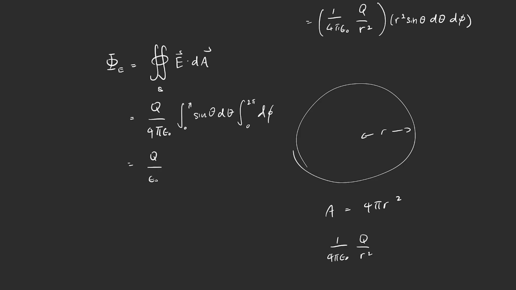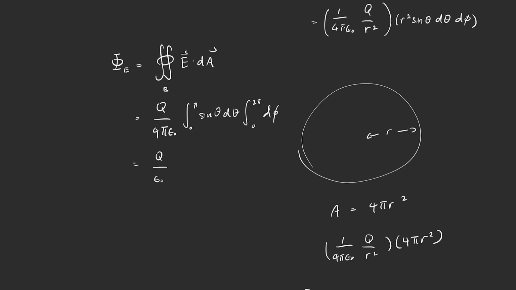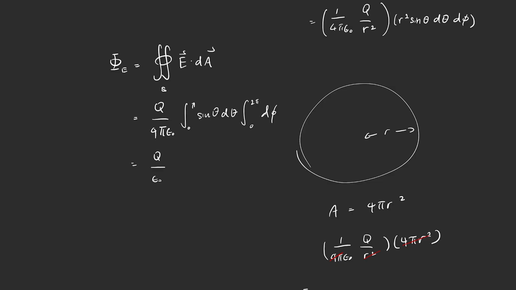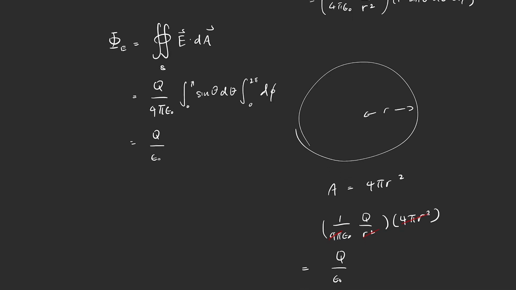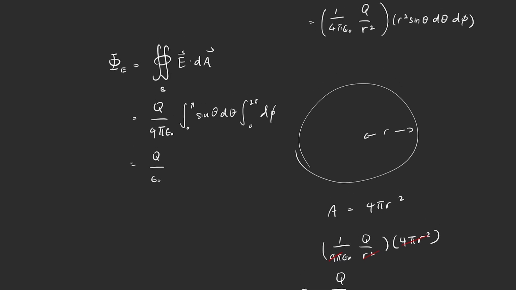The flux would simply be multiplying these two. Multiplying this by 4 pi r squared, you see how this cancels out, and you're left with our result as before, which is q over epsilon naught. So this is just an easier, more intuitive way to look at it.